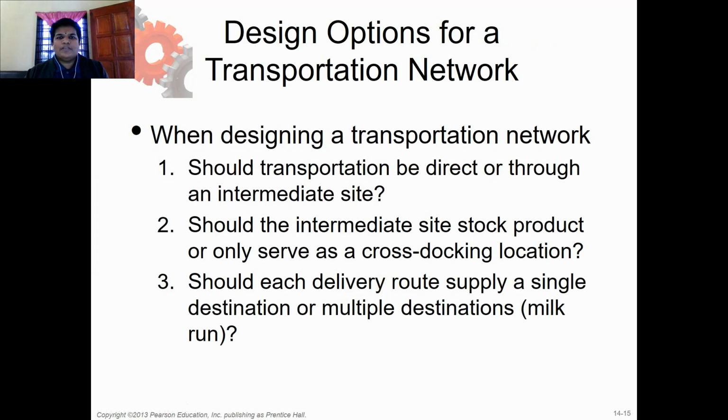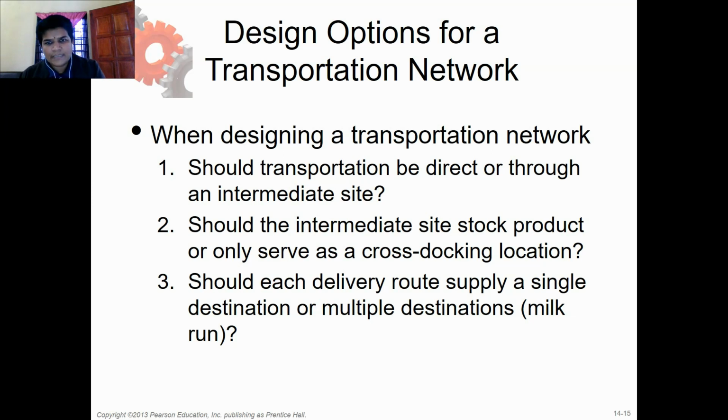Design options for a transportation network. When designing a transportation network, you should consider several issues that should be given serious attention. One of them is, should transportation be direct or through an intermediate site?